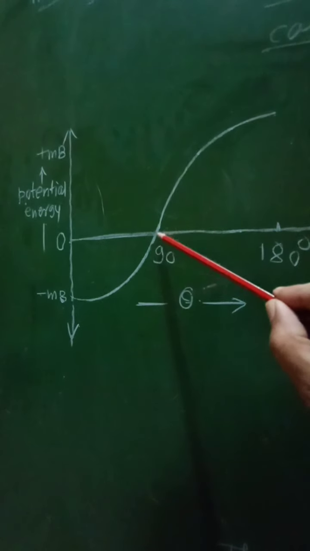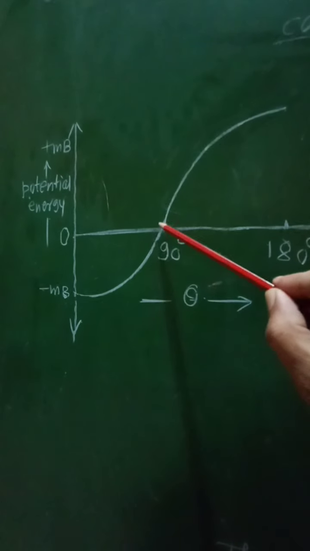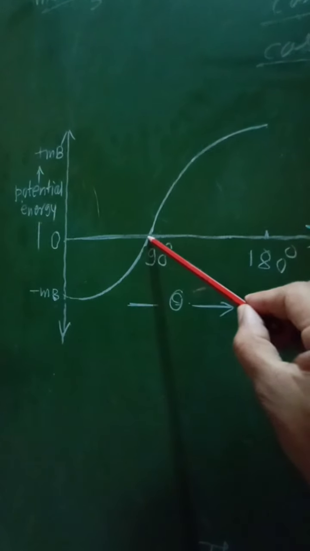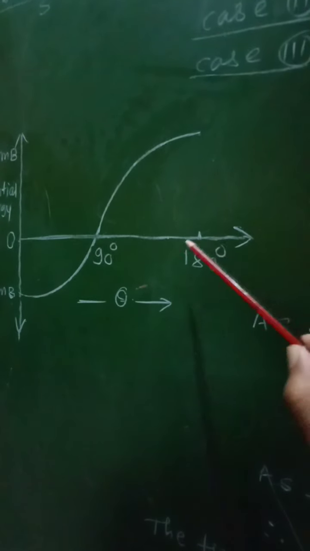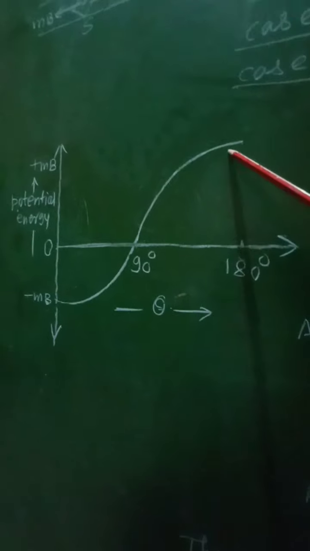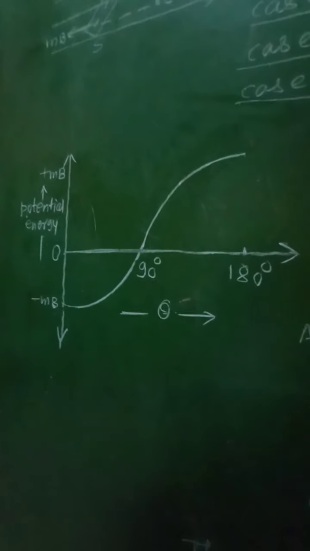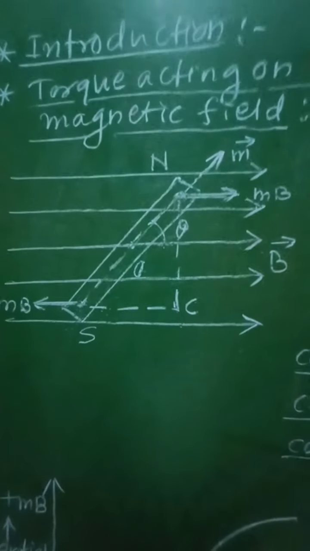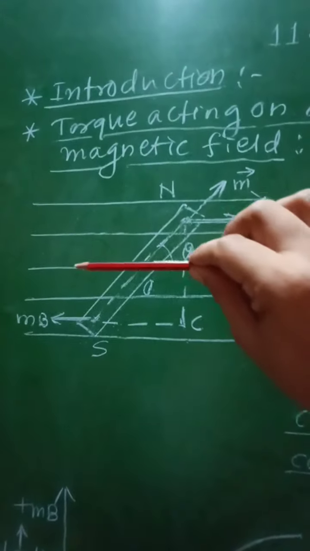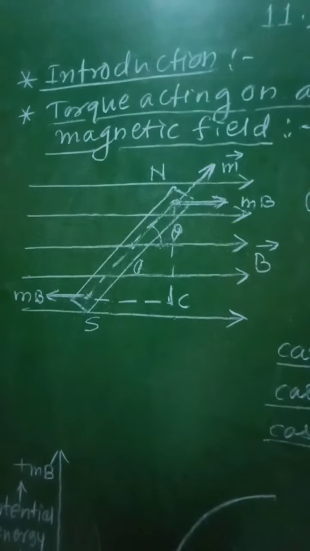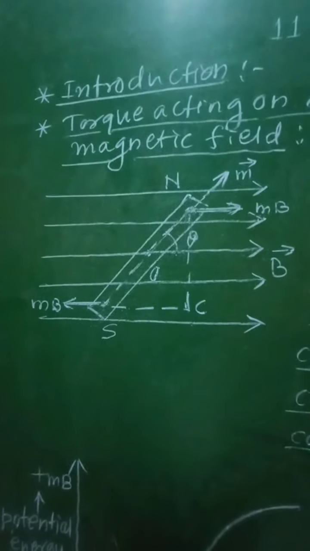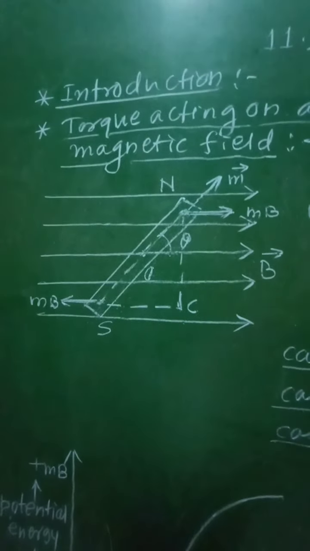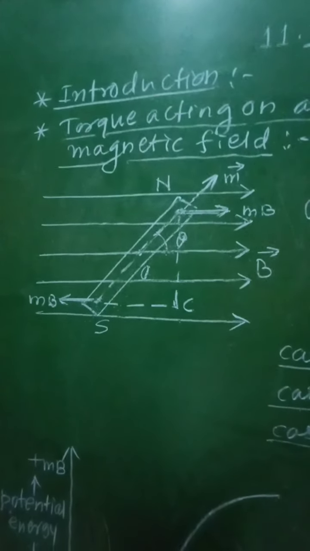When the angle theta is equal to 90 degrees, at that time potential energy will be equal to 0, and when theta is equal to 180 degrees, it will be maximum potential energy, that is equal to mB. That means from this we can say that when angle theta is equal to 0, the magnet will be parallel to the direction of the magnetic field. At that time it will possess minimum potential energy, equal to minus mB.